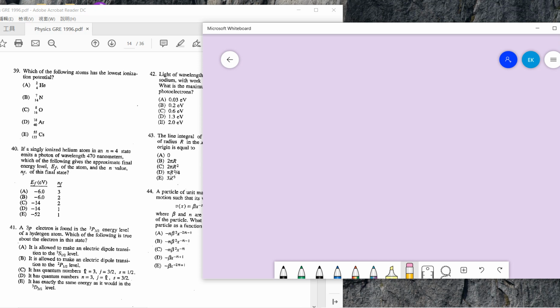So basically, helium is fully occupied, this one is also close to fully occupied, and the oxygen... and Ar is a noble gas. So the answer should be E.